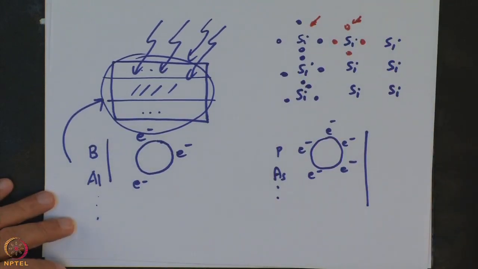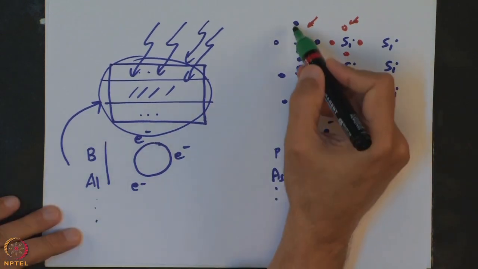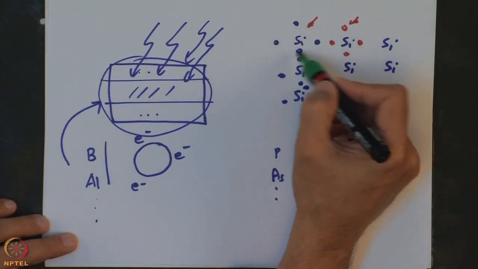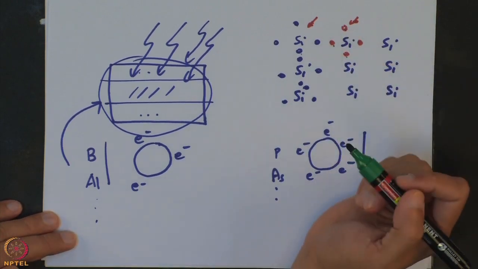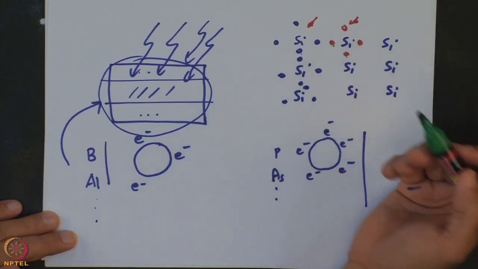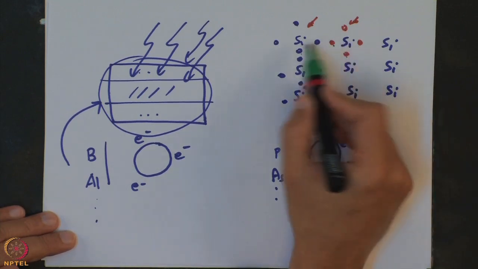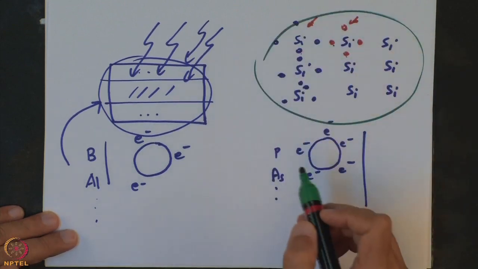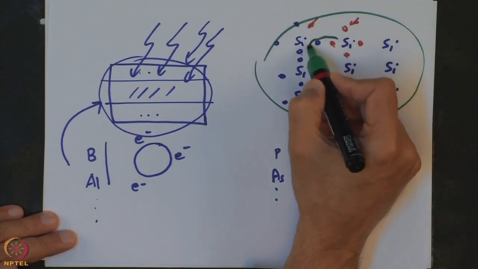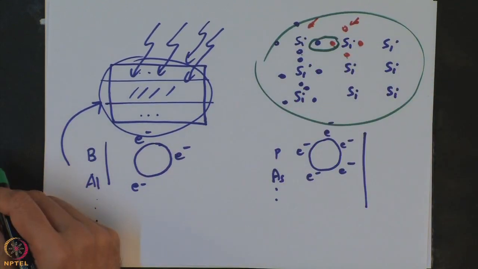You can see that there are 1, 2, 3, 4 electrons around this silicon, and 1, 2, 3, 4 electrons around this silicon. So, these 2 atoms, the neighboring atoms of this crystal structure, form what is called a covalent bond.